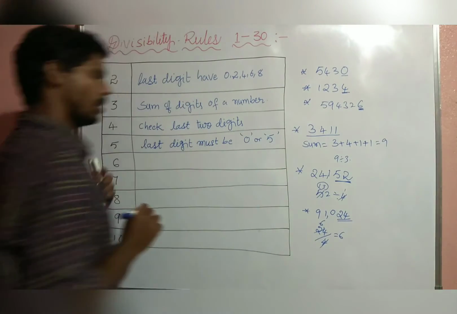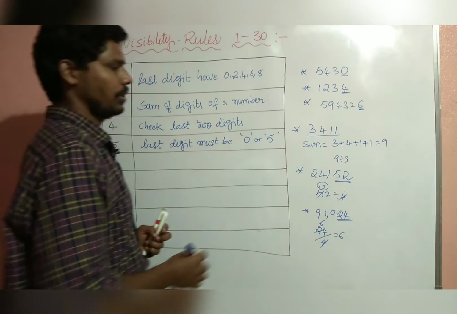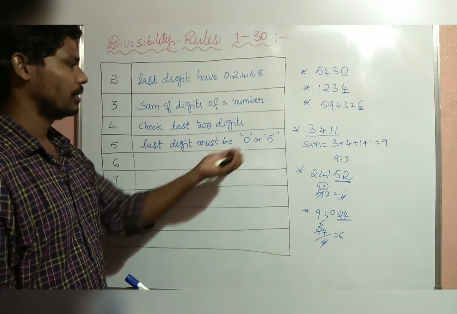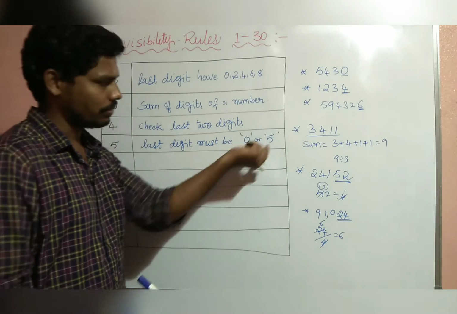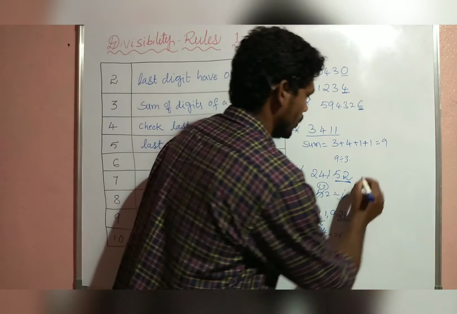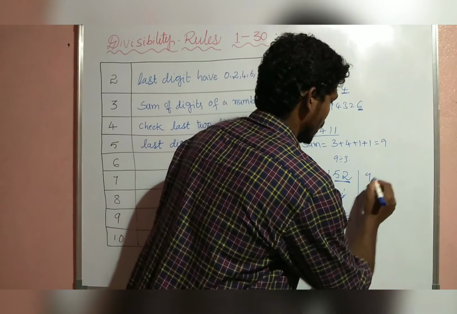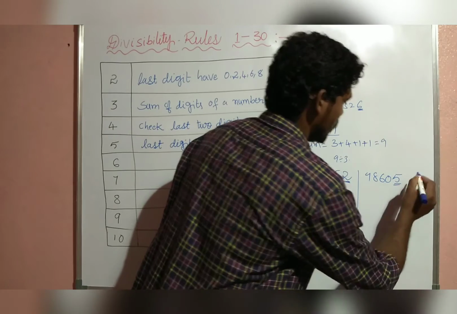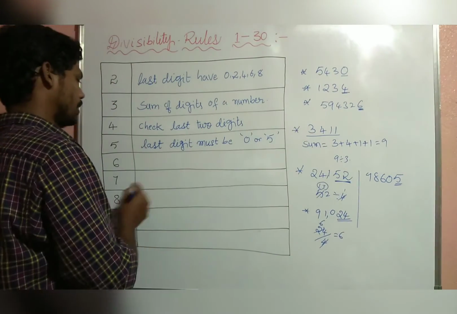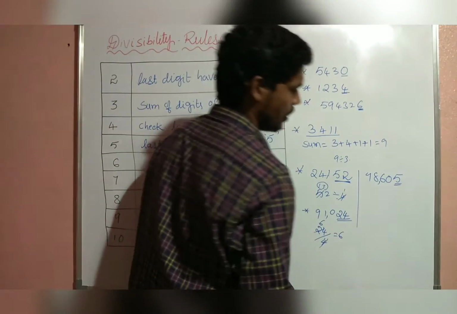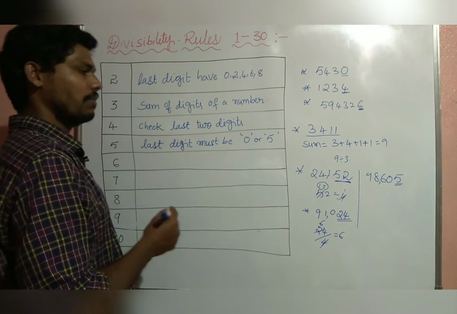If the last digit is 0, then it is divisible by 5. Or else, if the last digit is 5, then it is also divisible by 5. For example, 98605. Here the last digit is 5. So hence 98,605 is divisible by 5.